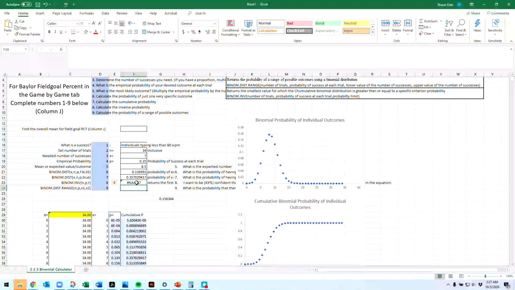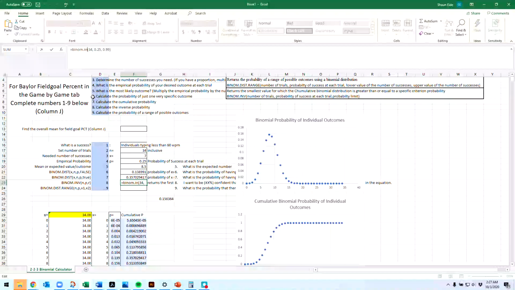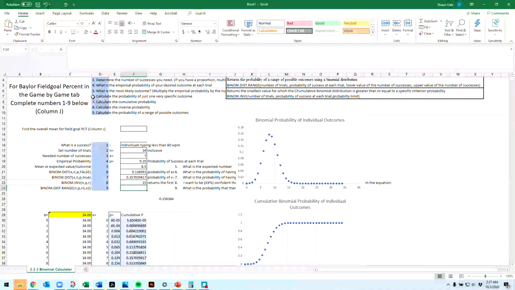which essentially means I want to be 99% confident that this number of observations or less are going to be successes. So I want to be 99% confident that there's going to be 15 successes or less.